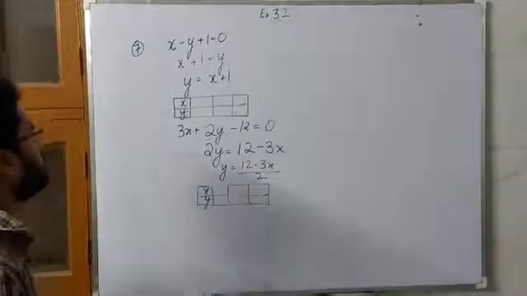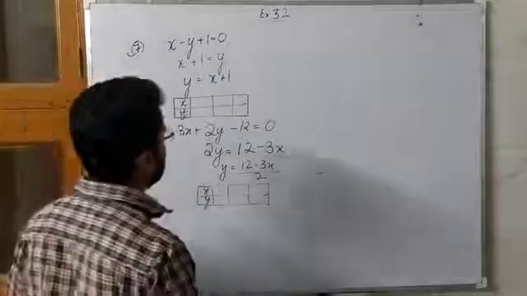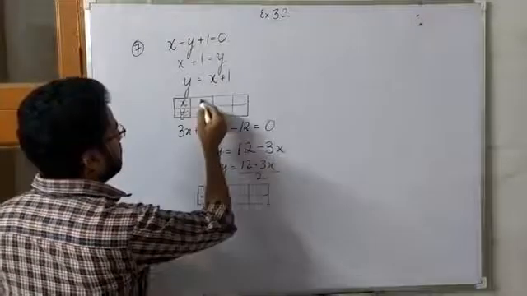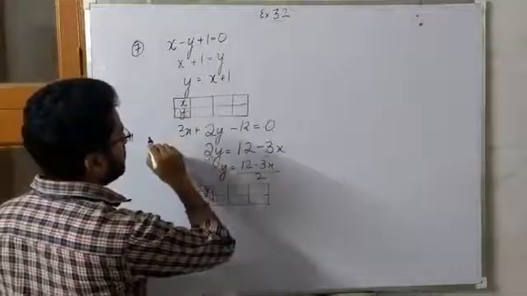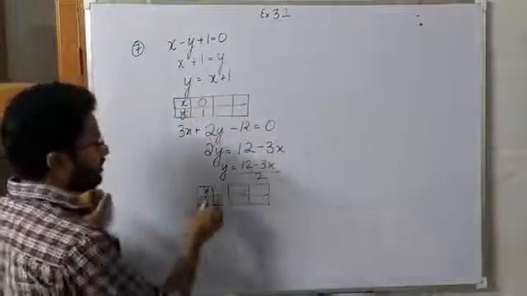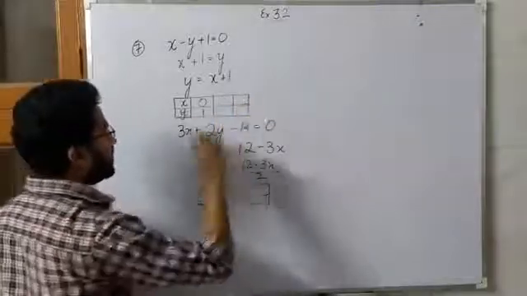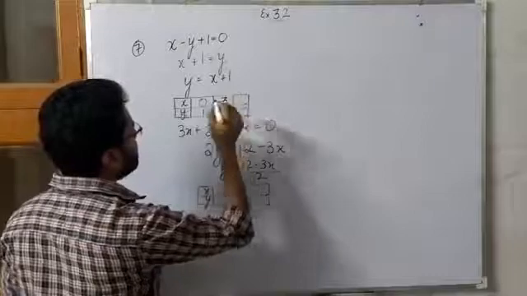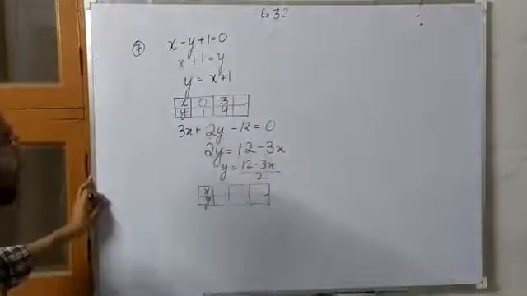Now what we will do, just put the values. When we put x equals 0, here we get 1. And if we put, let's say, the value 3, then we get the value 4.